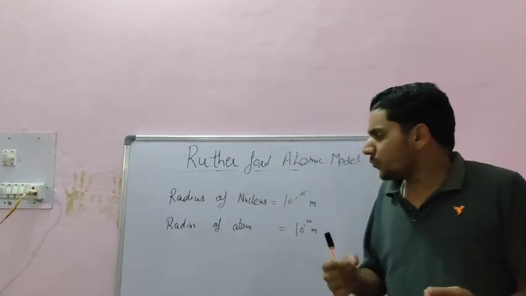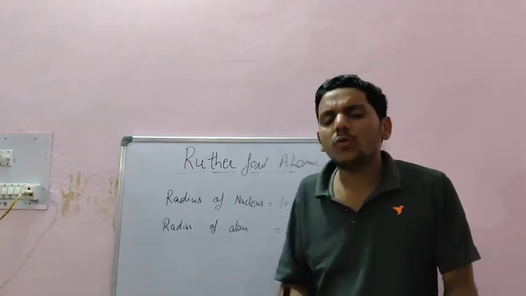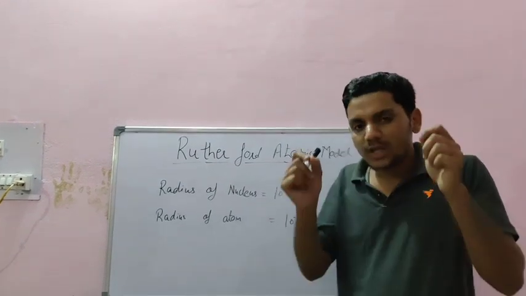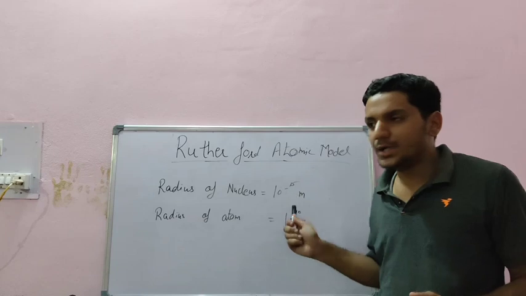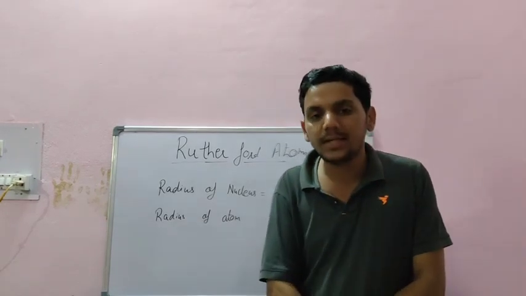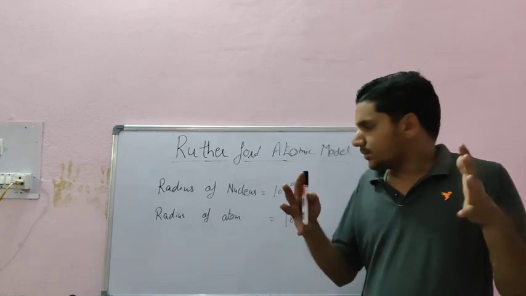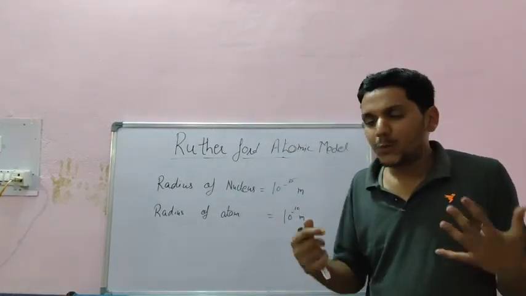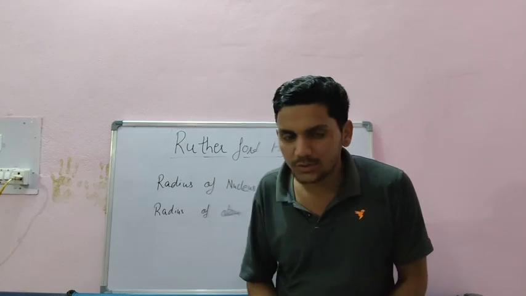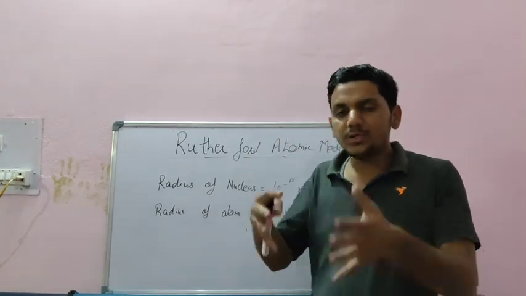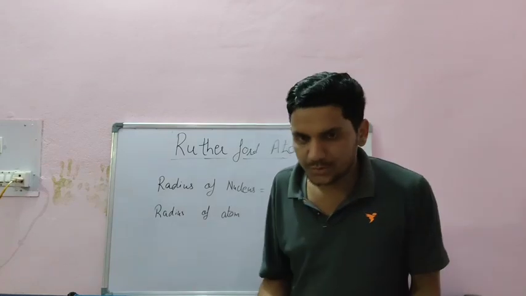The size of the nucleus is very small compared to the size of the atom, because the radius of the nucleus is 10 raised to power minus 15 meter and the radius of the atom is 10 raised to power minus 10 meter. The nucleus contains positively charged species like protons and nucleons, and the mass of the atom is due to the number of protons.